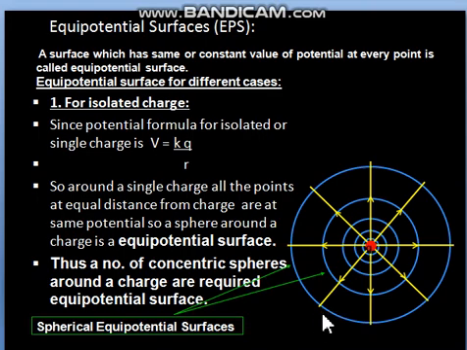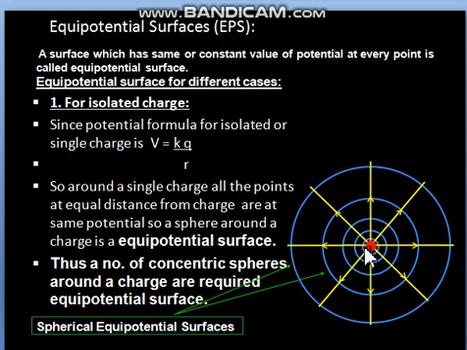Okay, so for the positive charge we have discussed. In the same manner, if we take a single negative charge, then concentric spheres will remain the EPS for that charge. That means for negative charge also the equipotential surfaces are spheres only.